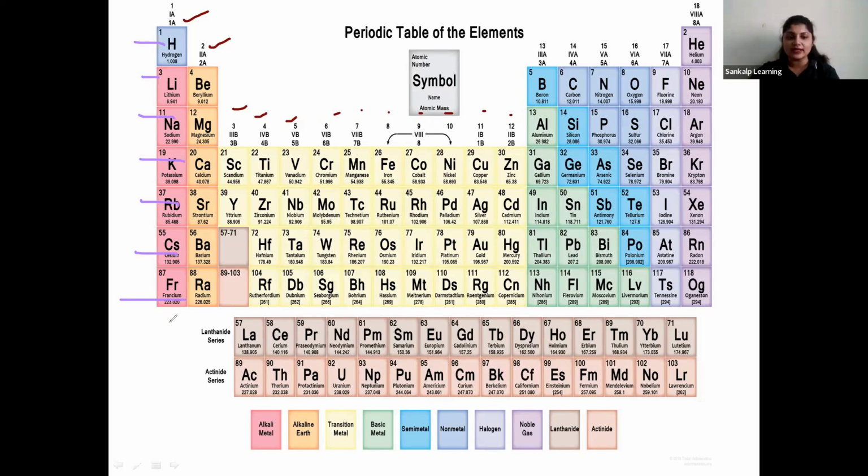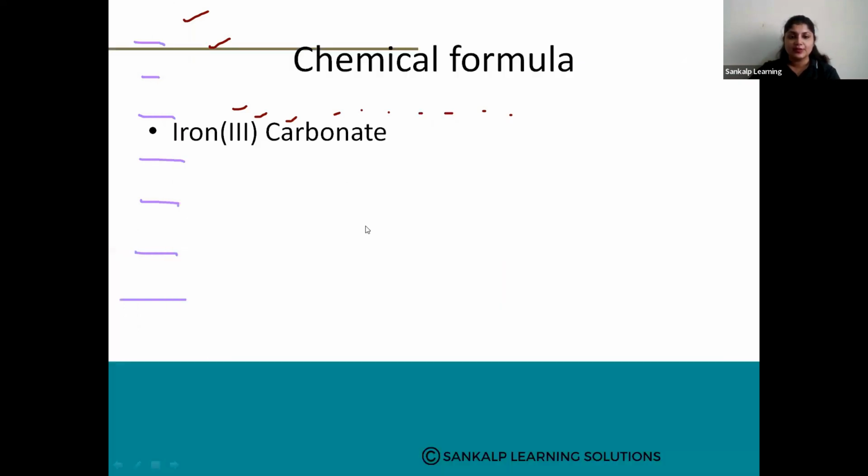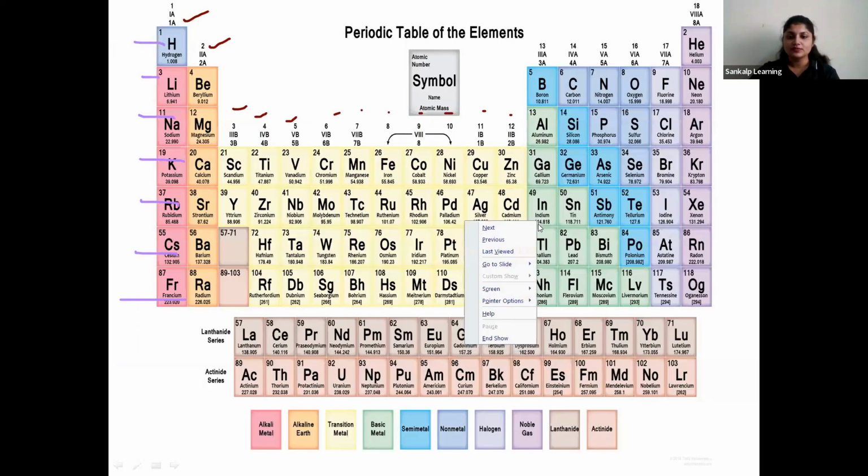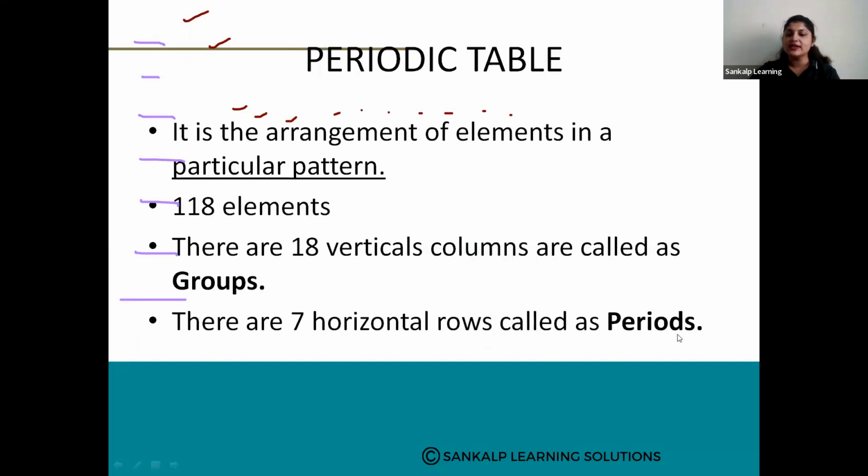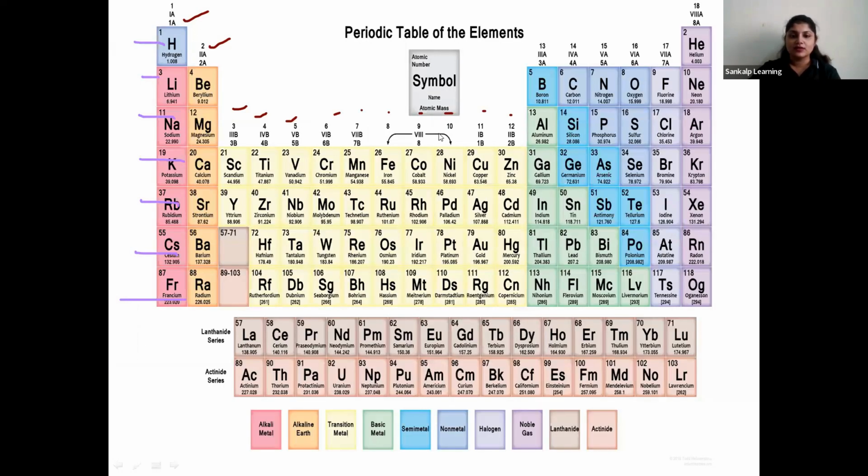And how many periods are there? There are 7 periods, 7 horizontal rows which are called periods.